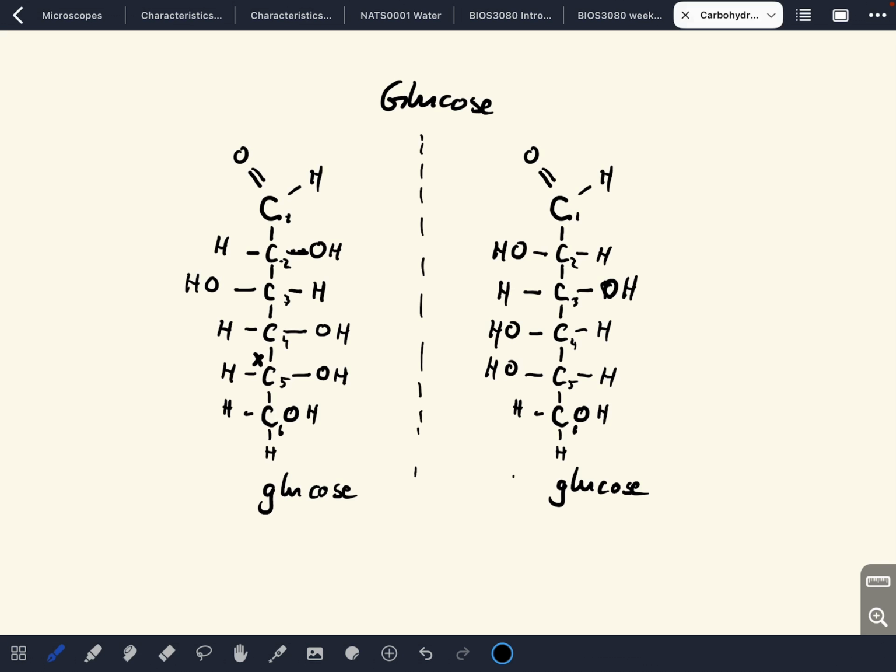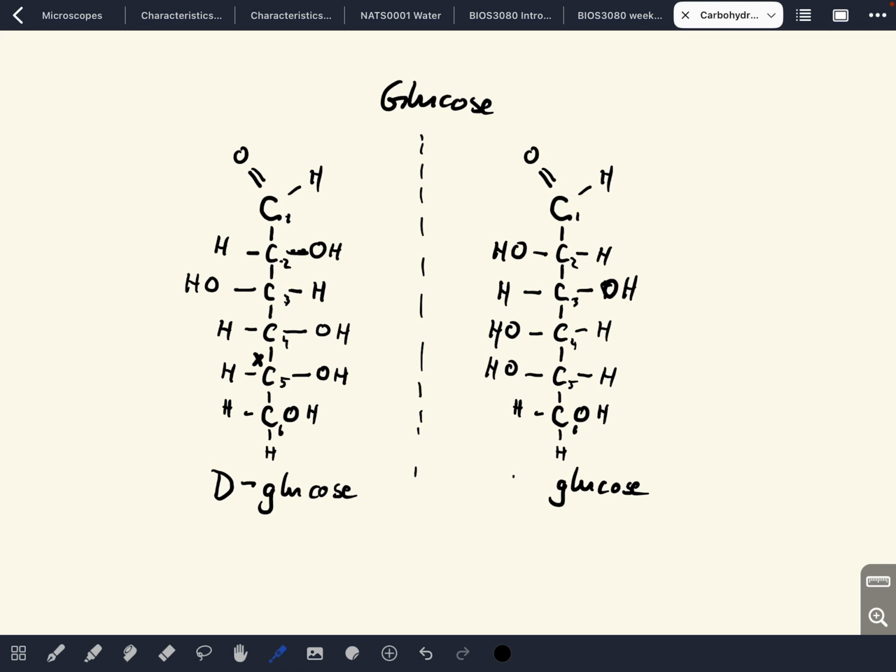And what we see in this case is that the OH group points to the right. So the OH group points to the right, and therefore this would be D-glucose, D to the right.